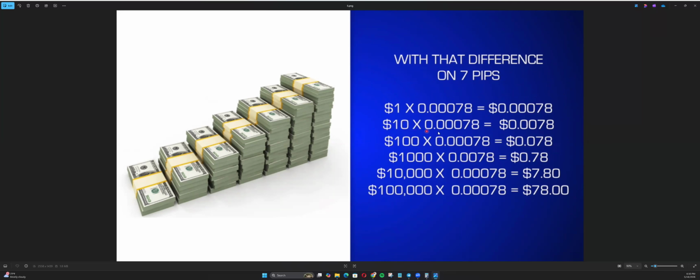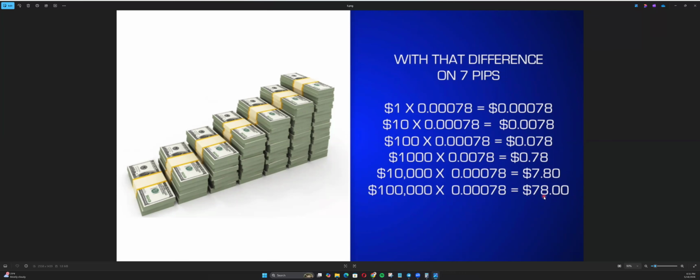If you're risking $10 in 7 pips, in the same 0.00078, you're going to be making this. For $100 in the same, you see the same number as what you got for the differences is the same value you're going to get. It's just different because of the amount risked. Some people do $100, they make this. So if you just multiply these figures here, it will amount to something like this.